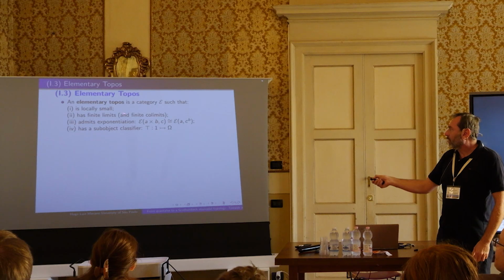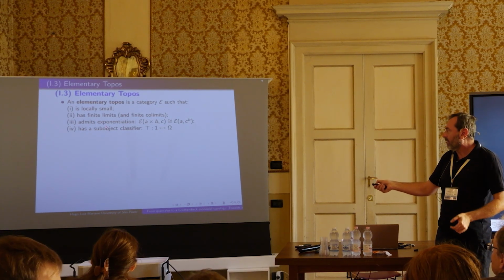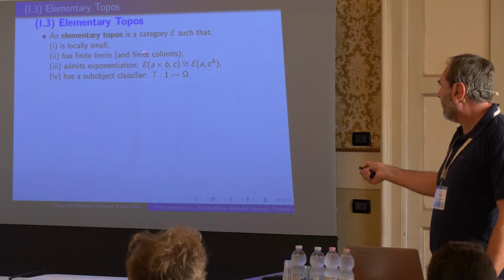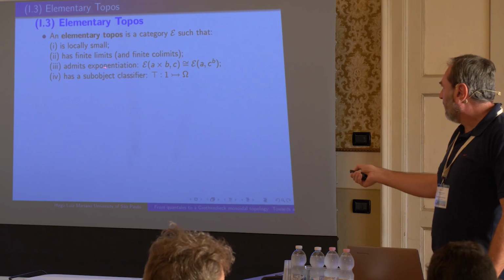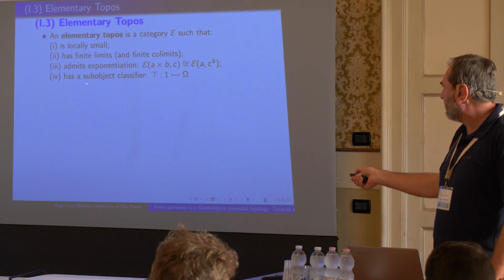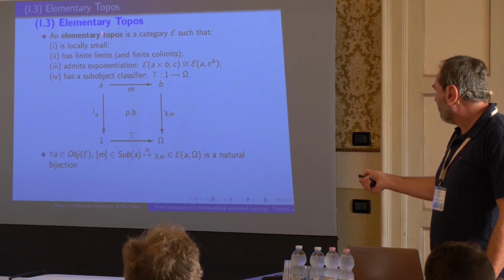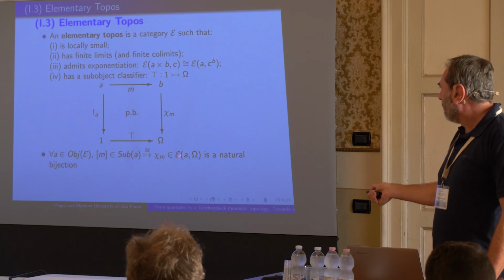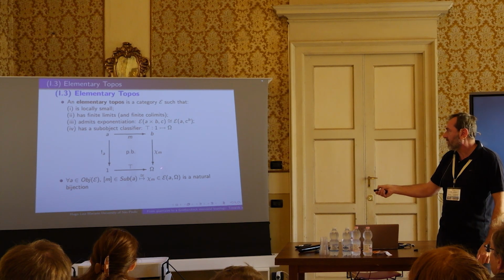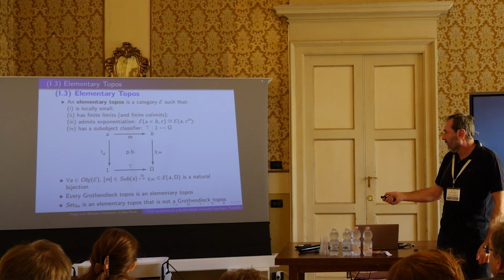So an elementary topos is locally small, has finite limits, and in the presence of other axioms, this implies that it also has finite colimits. It admits the exponential law for the product, like this, and has a subobject classifier, a form that we can represent the contravariant functor of subobjects in this way, by this pullback, as we all know.